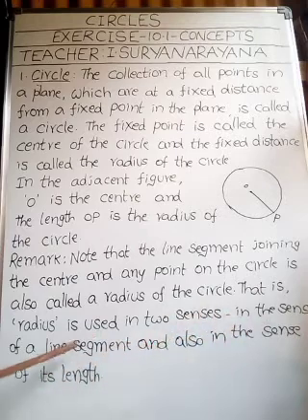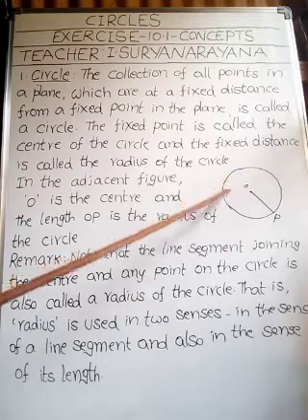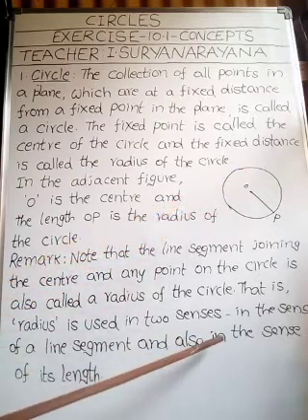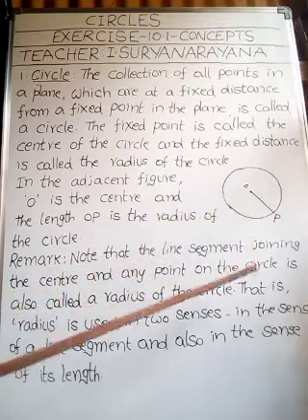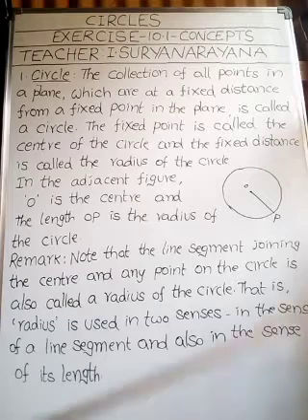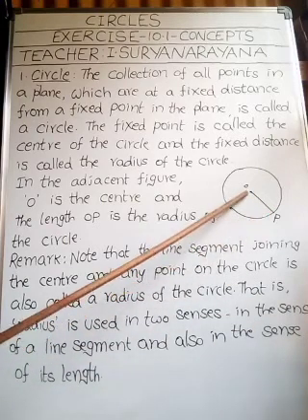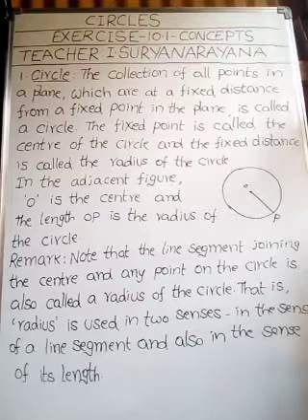In the sense of a line segment, like this line segment denotes the radius of this circle, and also in the sense of its length. Its length is also called the radius of the circle. Okay, my children, the measurement of this line segment and this line segment are both called the radius of the circle. Understood this point, my children?